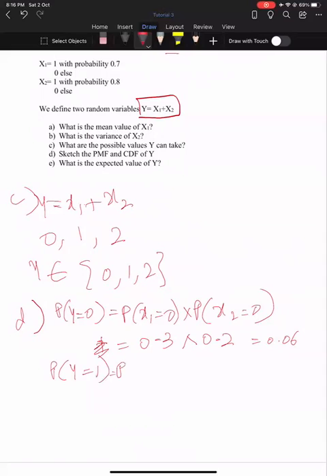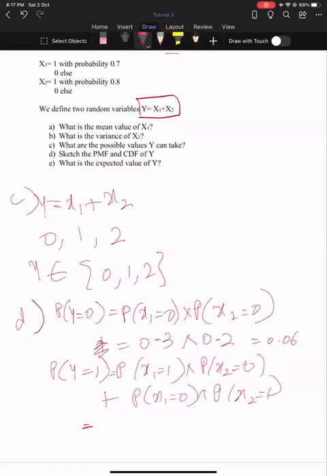Then y can be 1 in two cases: x1 is 1 and x2 is 0, plus x1 is 0 and x2 is 1. Again, we know x1 is 1 with probability 0.7 and x2 is 0 with probability 0.2, and we add 0.8 into 0.3.